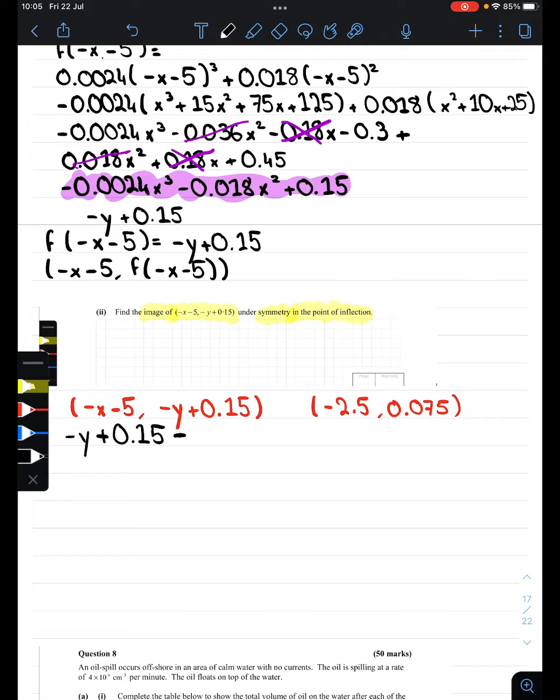So minus that 0.075. And this will give us A. So A is minus y plus 0.075.